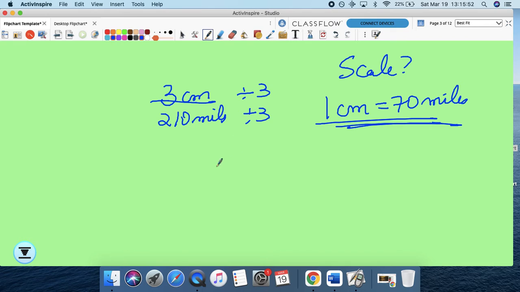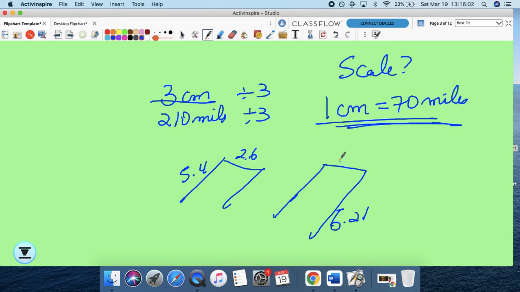The diagram, so we have 2 phones. This is 6.21, this is 5.4, this is 2.6, and that's our x. 2.6 corresponds to x, that's 5.4 corresponds to 6.21.